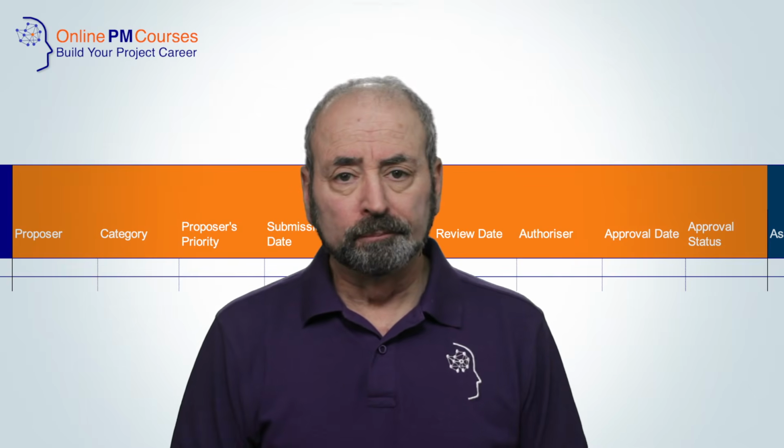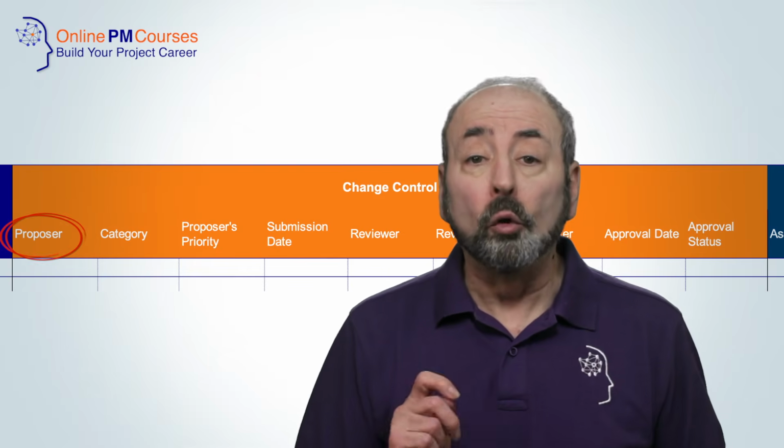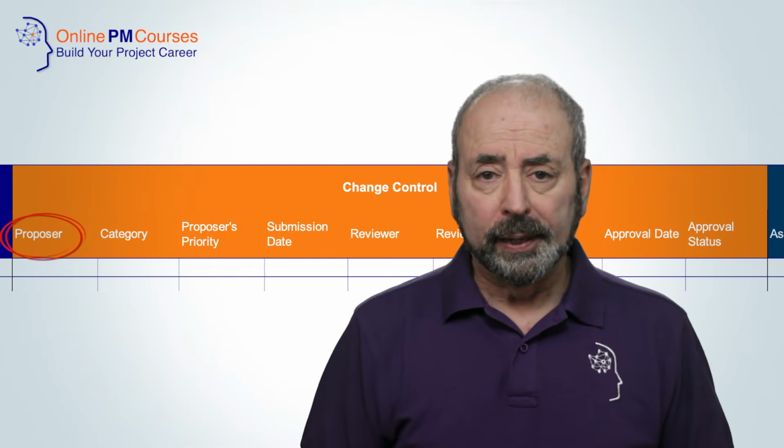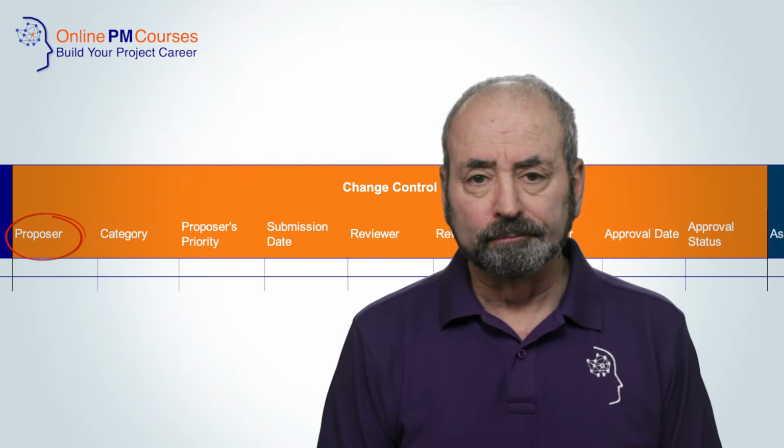The next section covers the change control process. The change control process covers the governance and the audit trail for considering and either approving or rejecting requests for change. First, we create a record of the proposer or the proposers of the change to make sure that we know who to go back to for any clarification.